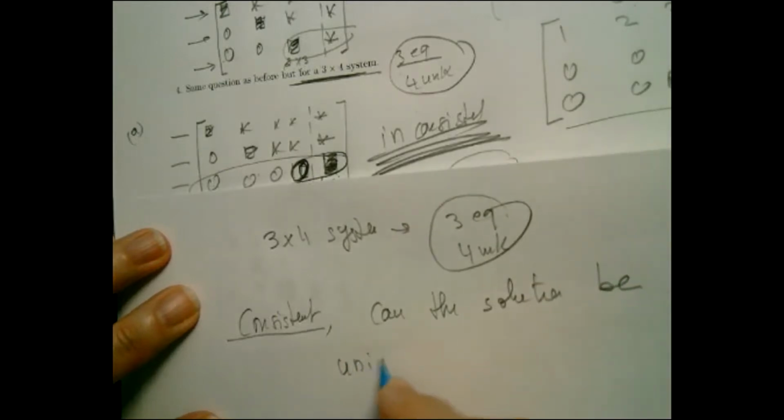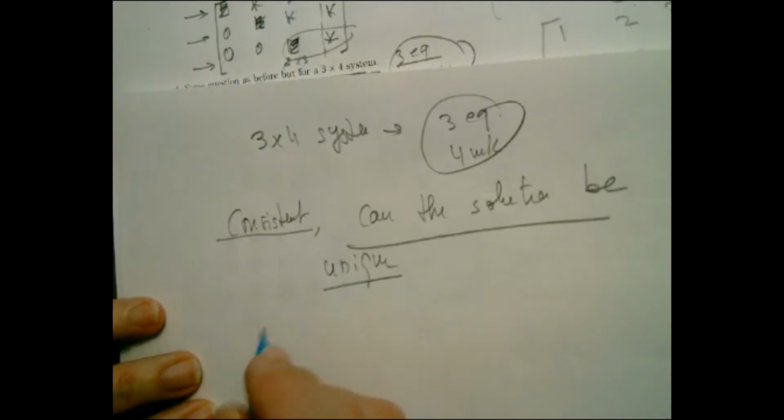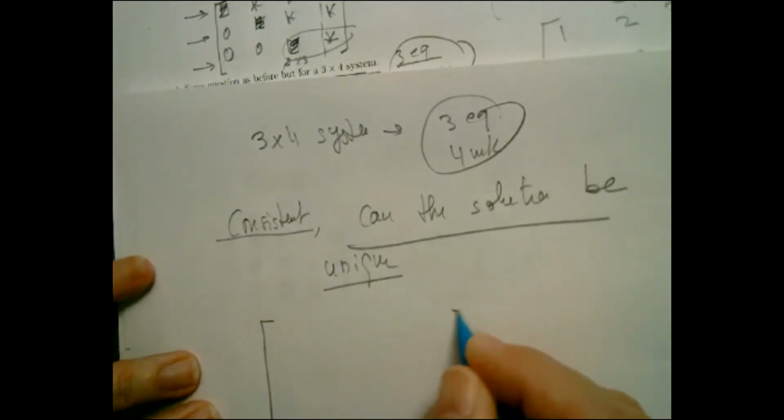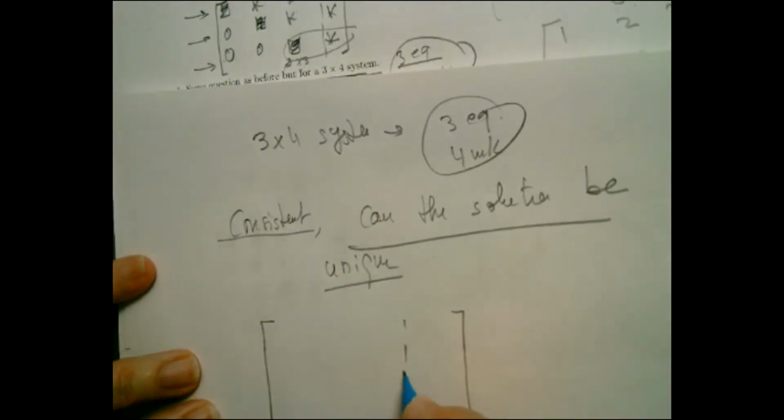That's an important result we should know. Can the solution be unique? Yes or no? Justify. Think about the echelon form when you try to justify those ideas. I'm expecting answers.